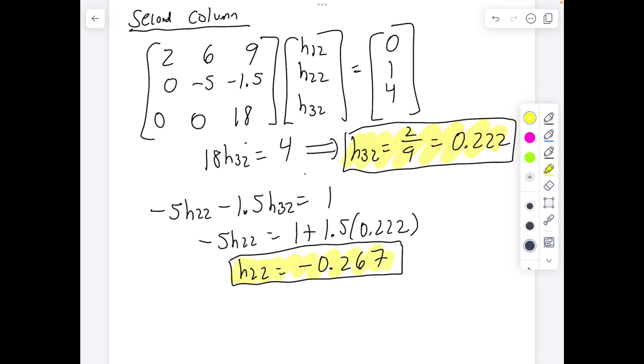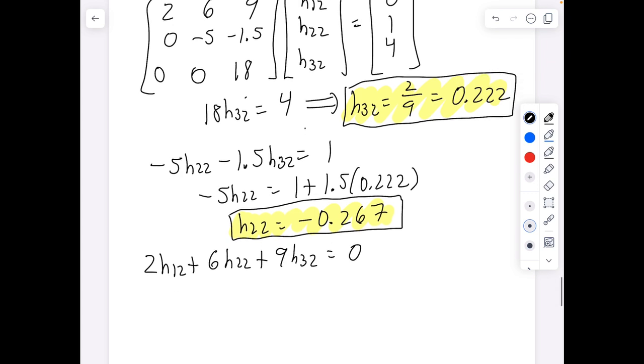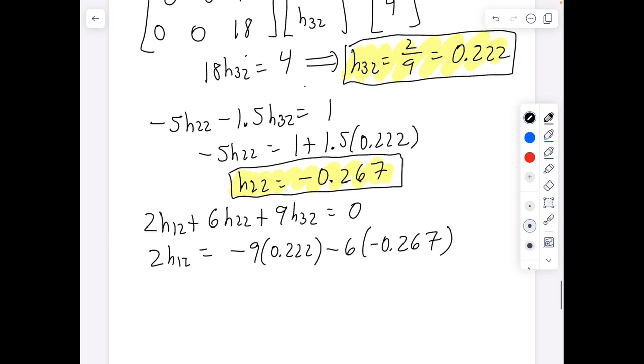Cool. Last one. 2 H12 plus 6 H22 plus 9 H32 is 0. So we have 2 H12, which we're trying to find. That will be 0 minus 9 H32 minus 6 H22.